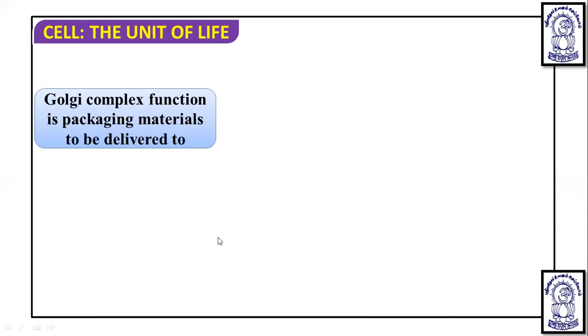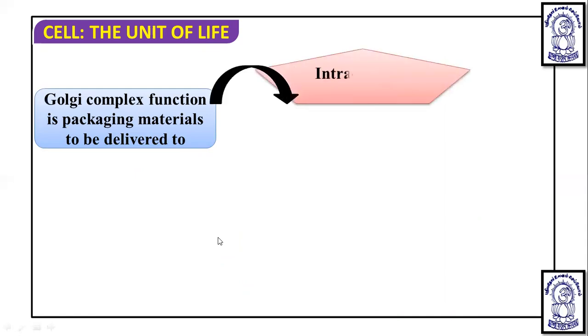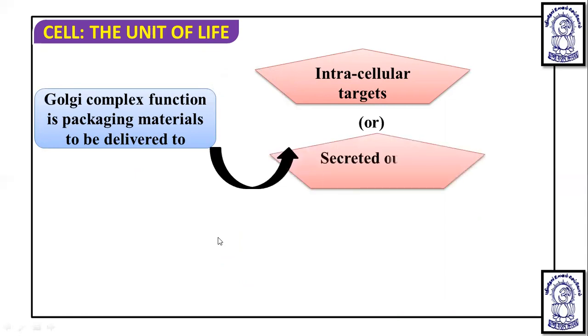Golgi complex carries out the function of packaging of material to be delivered to the intracellular target, meaning that it is required within the cells, or to the secretory outside the cell. Whatever protein is received from the endoplasmic reticulum is getting matured or packaged in the Golgi complex, and it is given to the intracellular target within the cell or to the outside, meaning it is secreted outside.